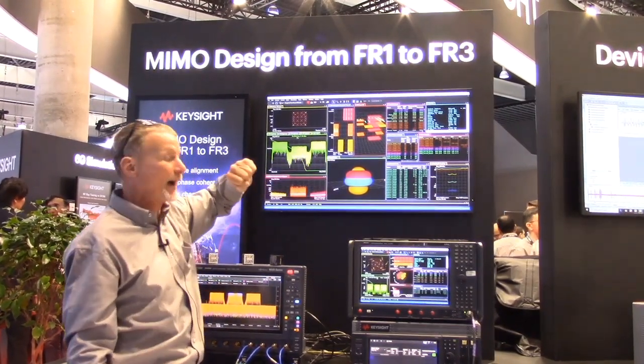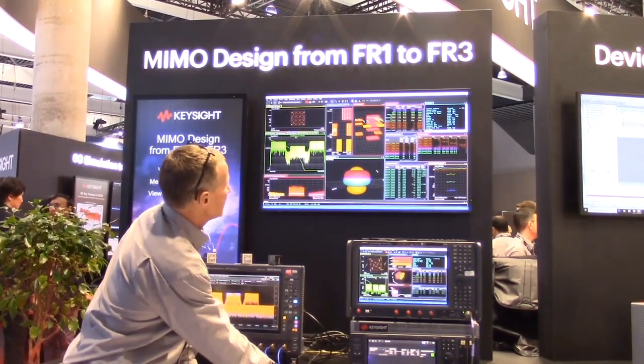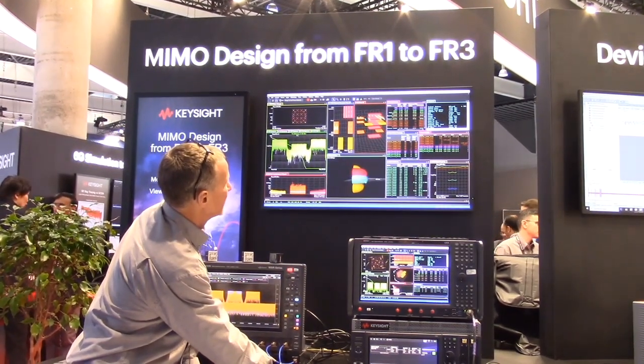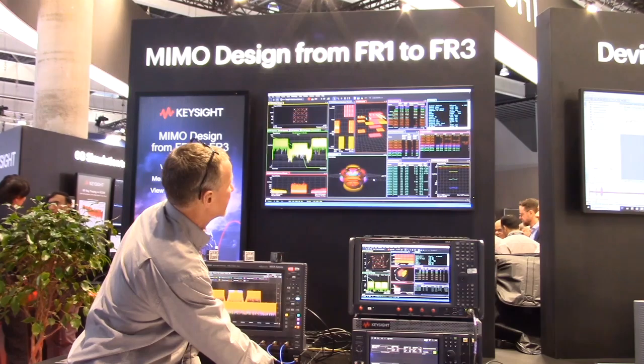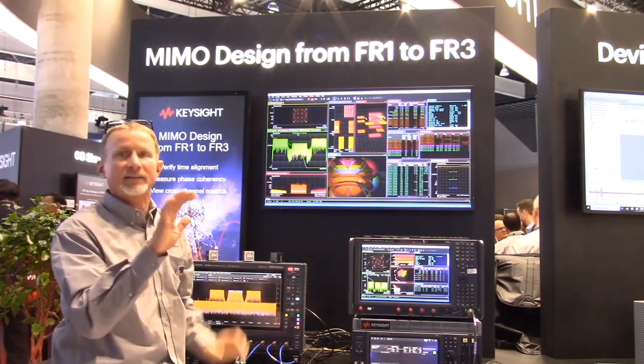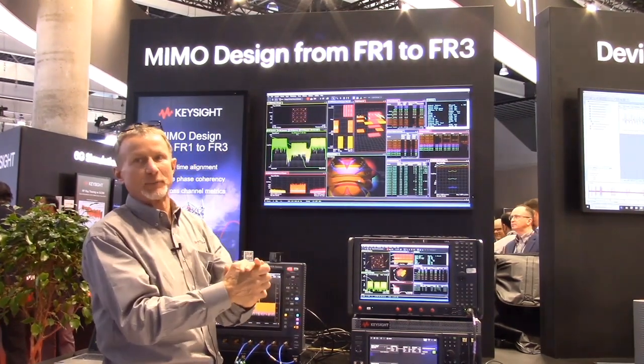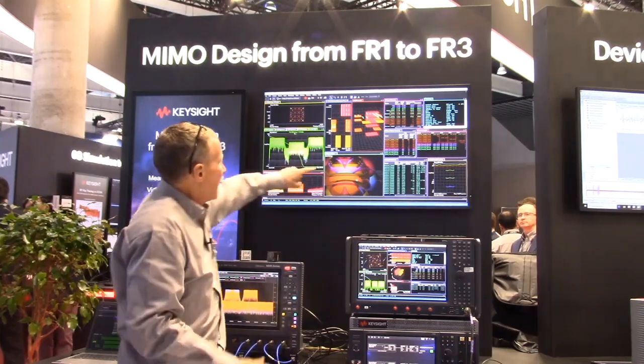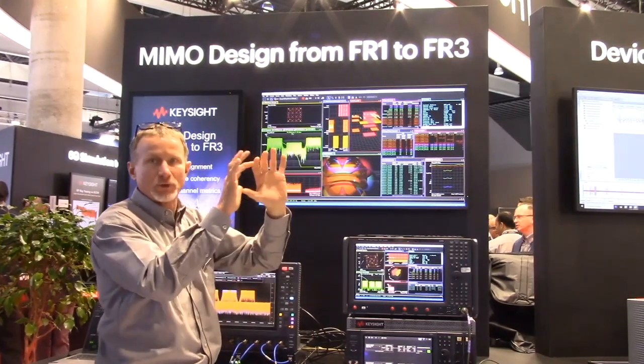Now, if I take that beam pattern and spin it around so we can take a look at the back, we can see that the 4-layer spatially multiplexed signal has a spherical sort of antenna pattern.